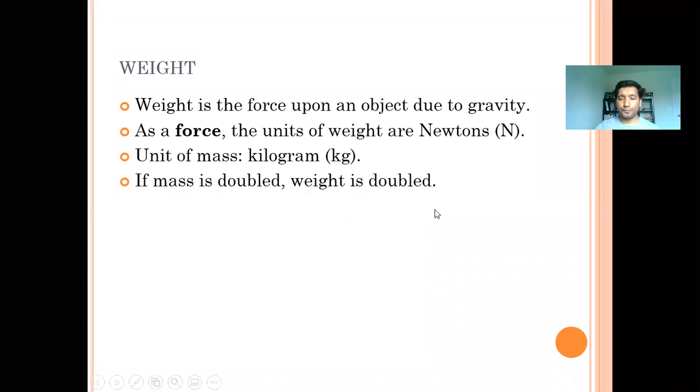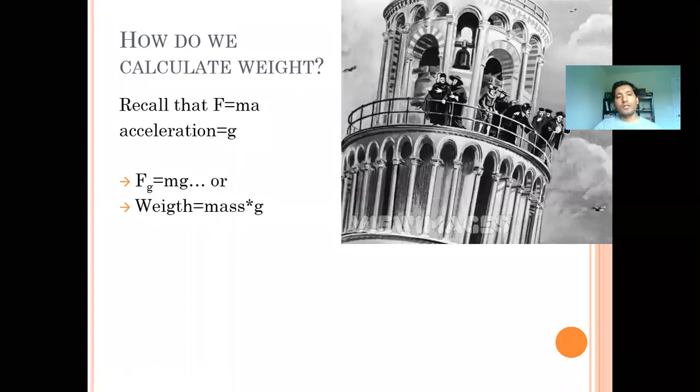Okay, let's move. To calculate weight, F equal to ma, or we can say mg. If it is weight, we can say that is a force, but we can say W, right? So F equal to mg, or weight equal to m into g.